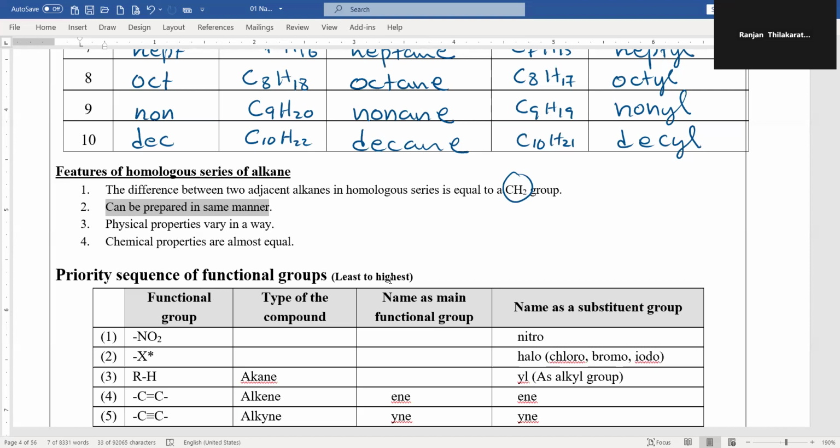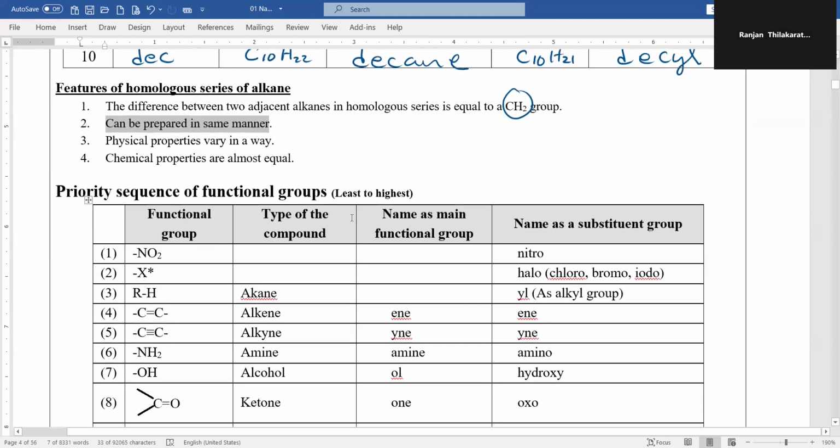Deposits are available under Earth. Then the physical properties vary in a way, meaning there is a proper pattern, gradually increasing, gradually decreasing, or something like that. There's a proper pattern in the variation. And finally, the chemical properties are almost equal.